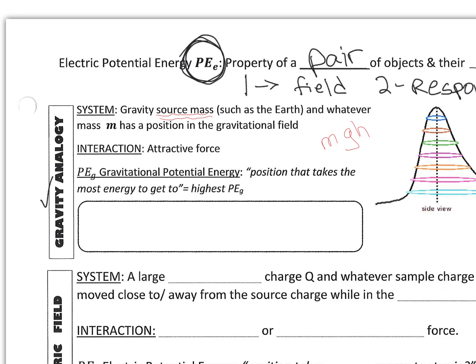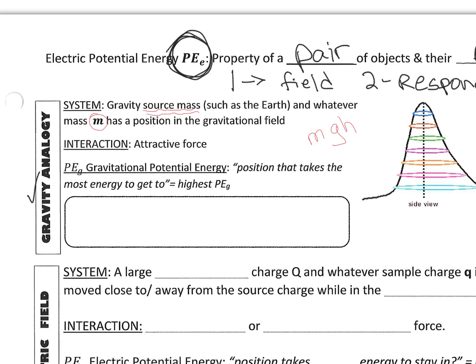And you then put a small sample mass, a human body, a rock, anything falling or moving in that gravitational field. And because it is near Earth, it has potential energy. Now, it depends on where it is, though. There is, of course, only one direction to this attraction.